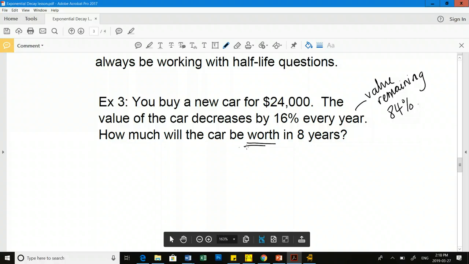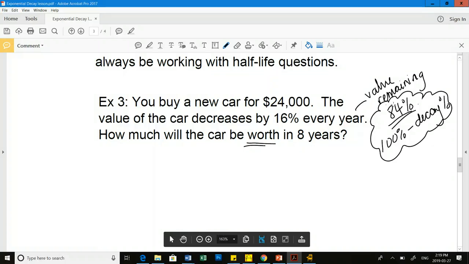So when I state my B value, I calculate this by doing 100% minus the decay percent. In this scenario, we're doing 100 minus 16 to get that 84 remaining. Now, when I state this as my B value, I'm going to state the percent as a decimal. So it'll be 0.84.